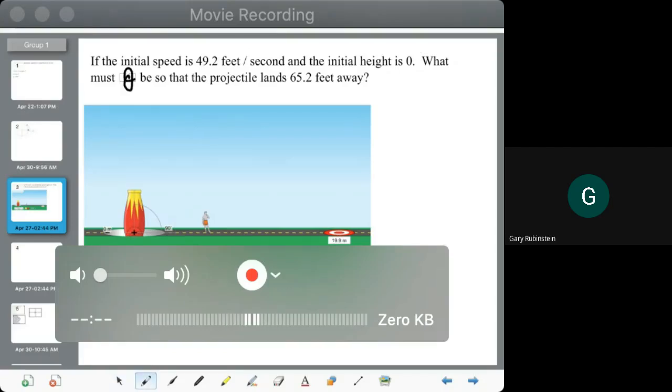What must theta be? So we know what the initial speed is, 49.2 feet per second. And we know the initial height is 0. This question is really hard if the initial height's not 0. So when I do it, the initial height is always going to be 0. And we want it to land 65.2 feet away. And we want to know what the angle should be.